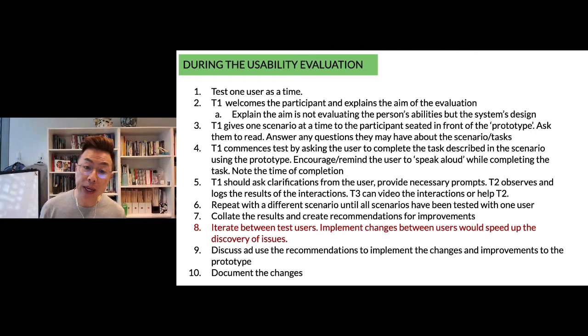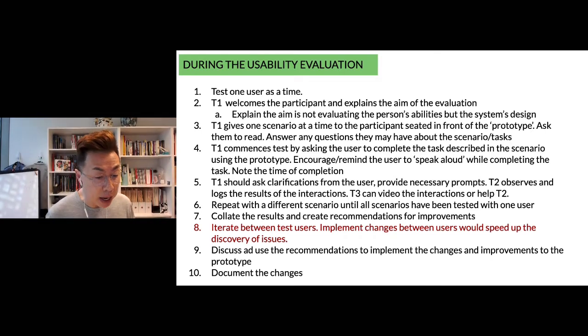What's very important here is to encourage the user to speak aloud while they're completing the task. Okay? T3 can help note down how long it took the person to complete the task. If T1 feels that they are not getting enough thinking aloud from the participant, they could ask for clarifications. Why did you do that? If they didn't explain why they did certain things.